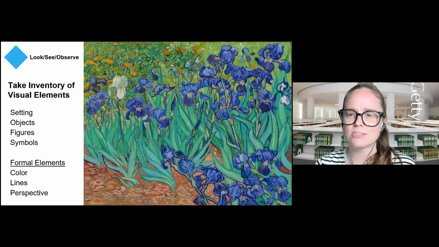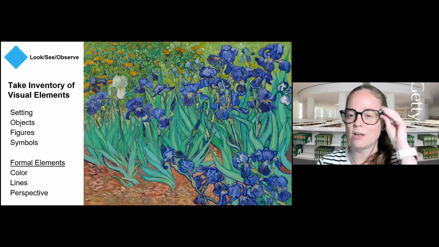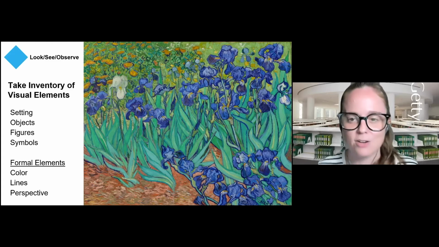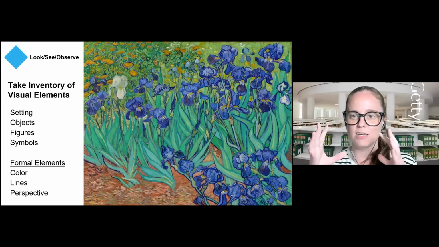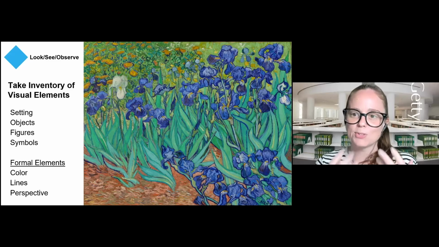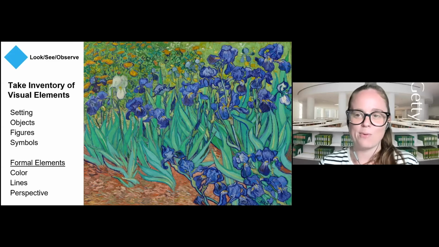And then I also thought about perspective. If I were to have taken this, let's say if it is a photograph, or if I were painting from observation, I would have to be really low down to the ground to be in the right position to view these flowers in their natural habitat. So those are all of the things I was thinking about when I was taking inventory.